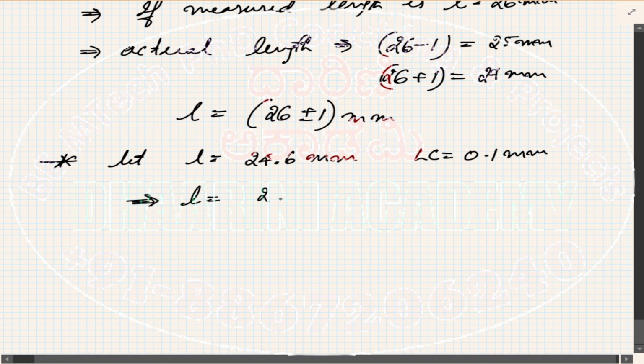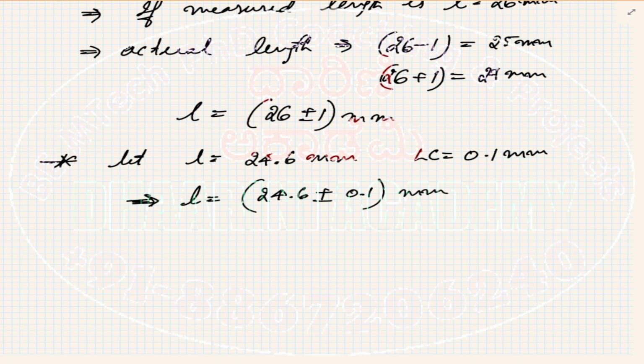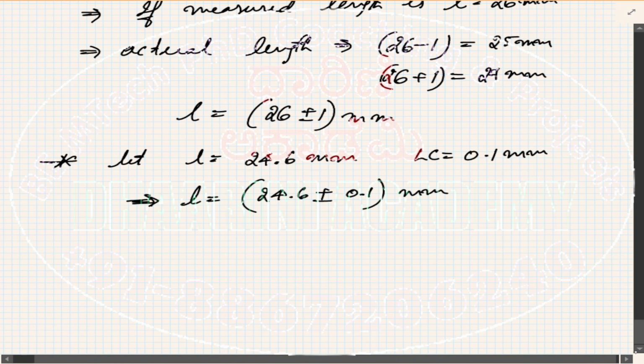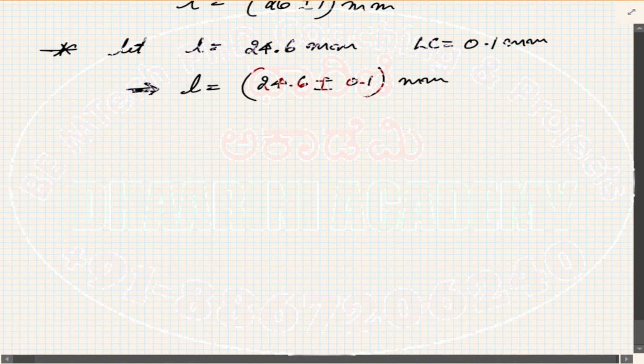Actual L should be 24.6 plus or minus 0.1 millimeters. So including the maximum possible error of the system, you are supposed to mention what the length could be. This is one of the standard ways of representing measurements. Because no measurement is perfect, there will be a small amount of allowed error. So including that error, this is how you represent any measurement made using an instrument.